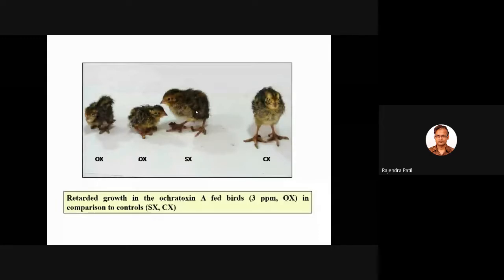Loss of carotenoid pigments in the shank region is characteristic in fowl, and you can identify it grossly in birds. We gave it in the diet for 6 weeks, and it can produce loss of carotenoid pigment.